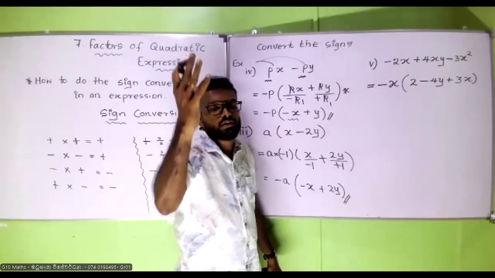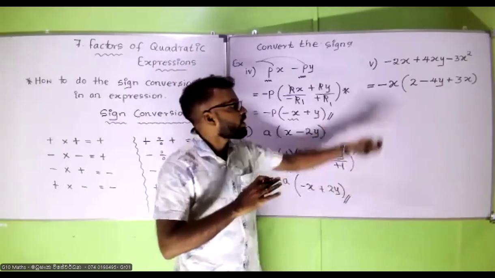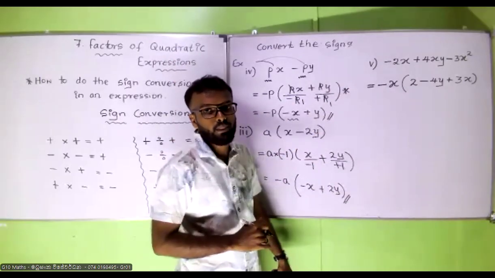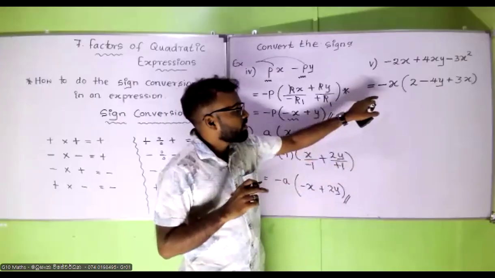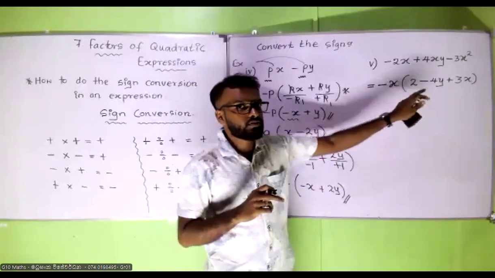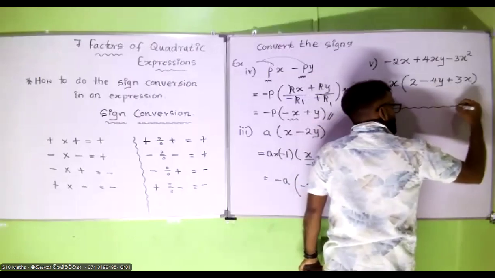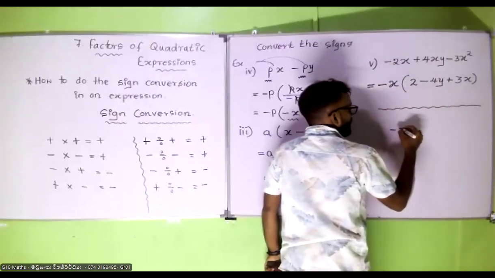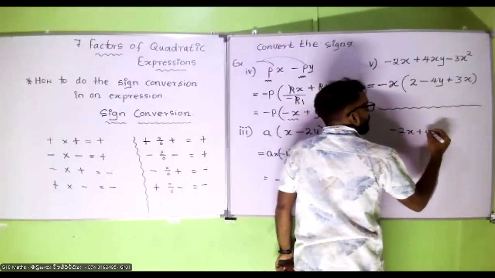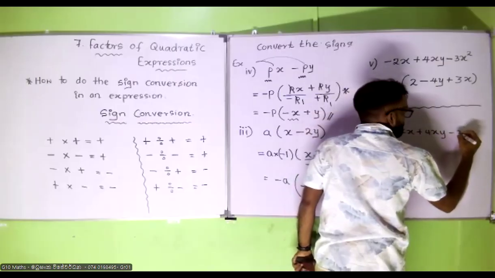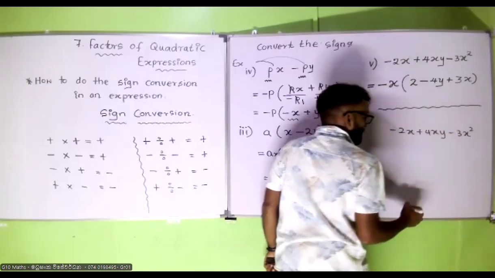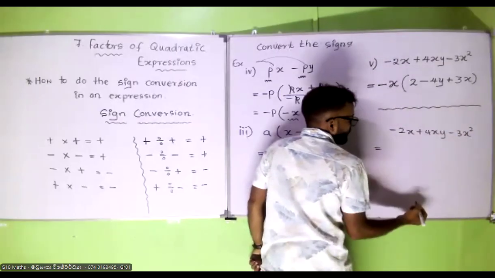That is how we are going to think. Directly you can obtain the answer. But if you want, I will write the rest as it is. Now, this is from the scratch. Negative 2x plus 4xy minus 3x squared equal mark.